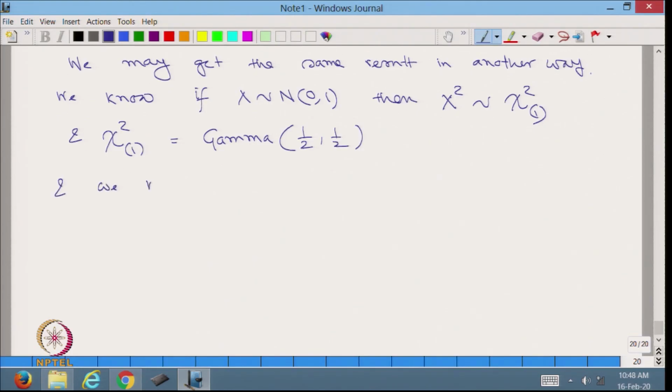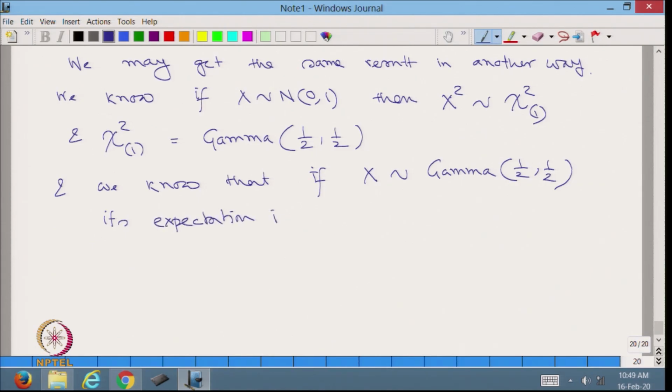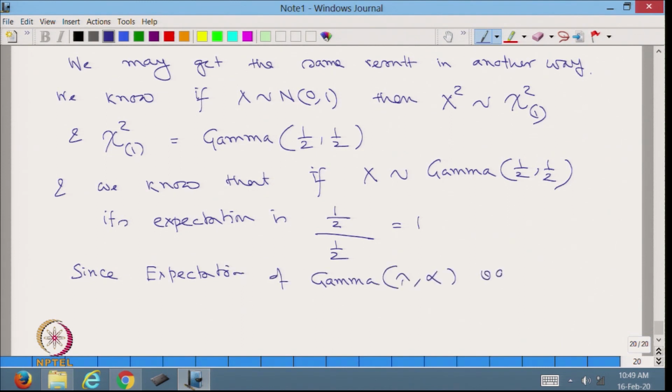And we know that if X is distributed as gamma(1/2, 1/2), its expectation is (1/2)/(1/2) = 1, since expectation of a gamma(lambda, alpha) variable is alpha over lambda, that we have seen already.